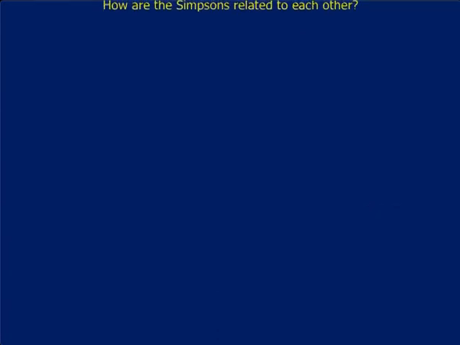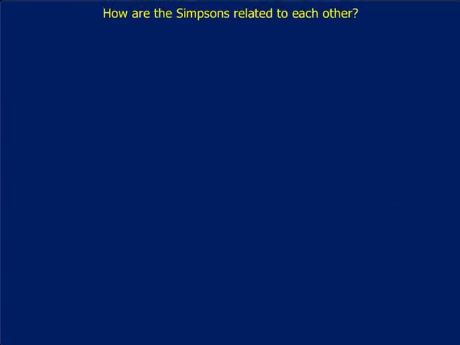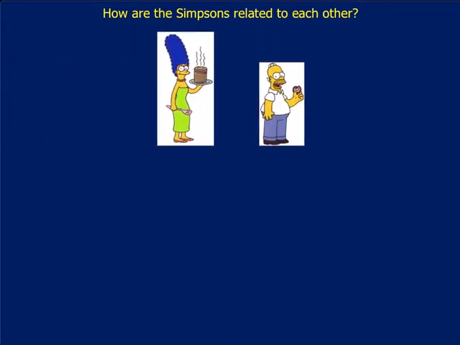So if we are to show how they're related to each other in a really simple diagram, we would have Homer and Marge together, and we would have this line that joins them together. So in their instance, it does mean that they are married, but essentially for what we're doing, it means that they've gotten together and they've had babies.